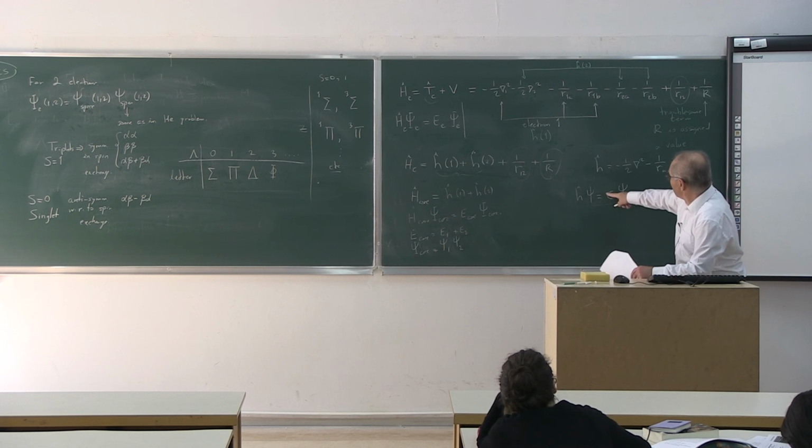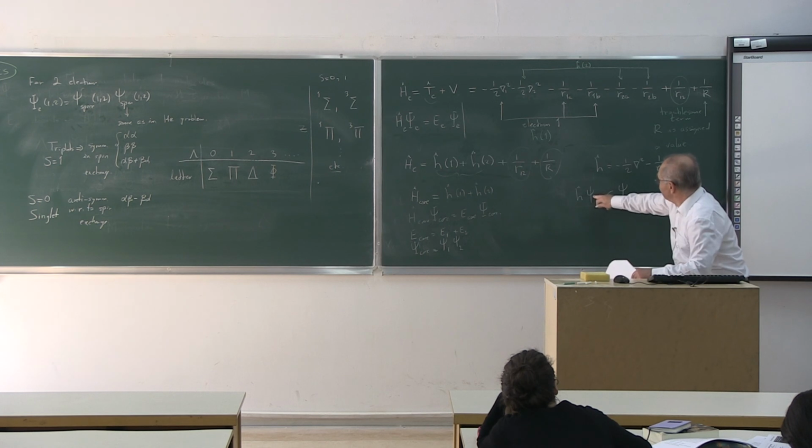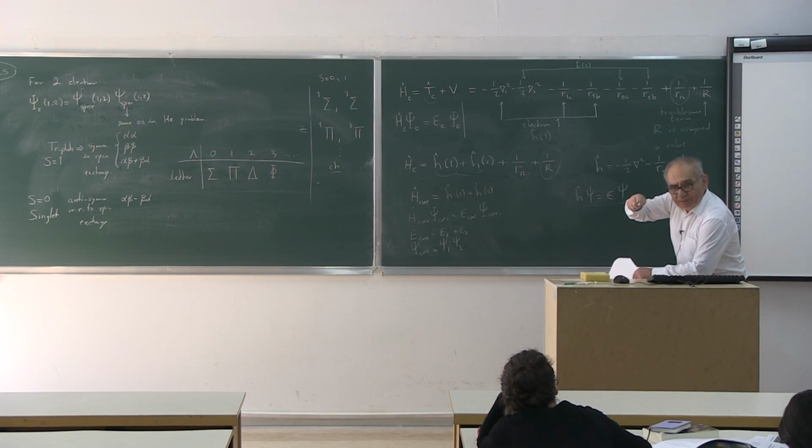Now, if you examine the expression for this small h Hamiltonian, we see that it contains variables of just one particle, all right? And therefore, this psi function is a function of just one particle. In this case, the particle is an electron.